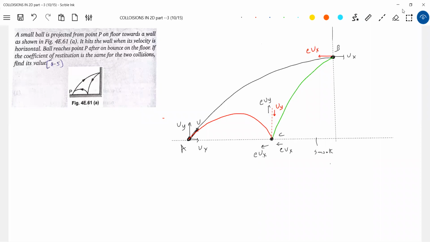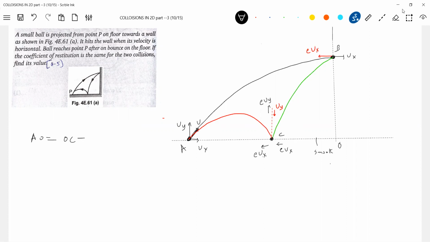Now let's come to the total horizontal distance as it moves from A to O. First, when it moves along the path AB, what is the horizontal distance it will cover? AO should be equal to OC plus CA. Agree? That's quite natural, no?